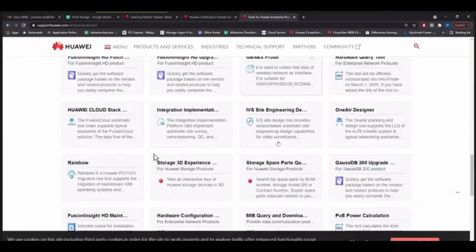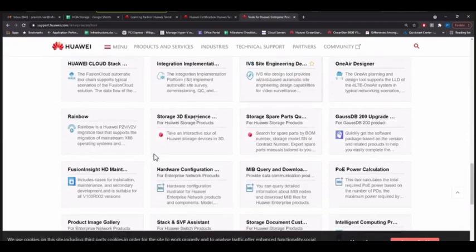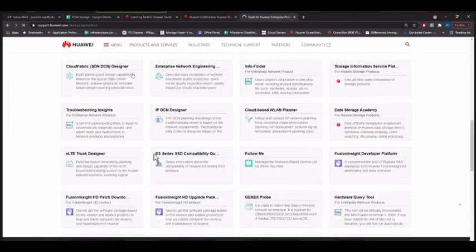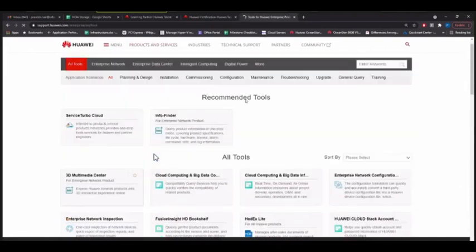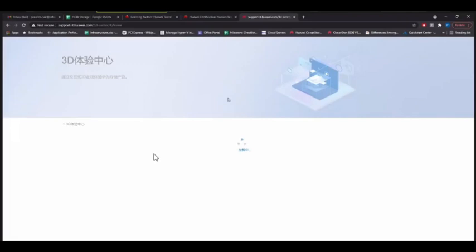Yeah, 3D experience. It's the same place, right? For some reason it's slow today. Usually it's quite fast. All right, finally loading up.